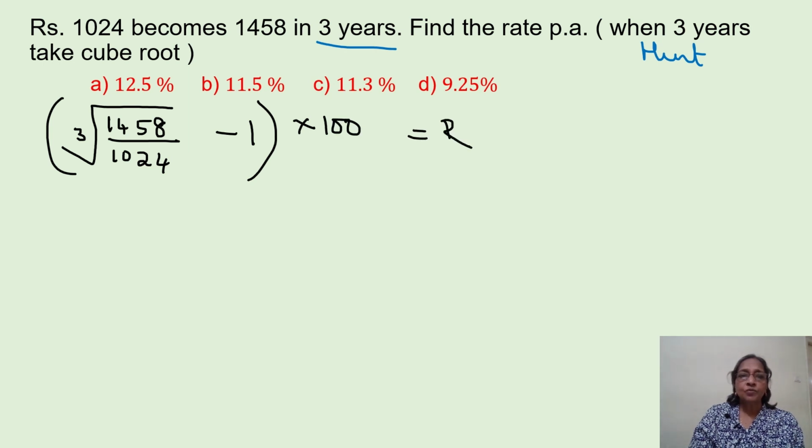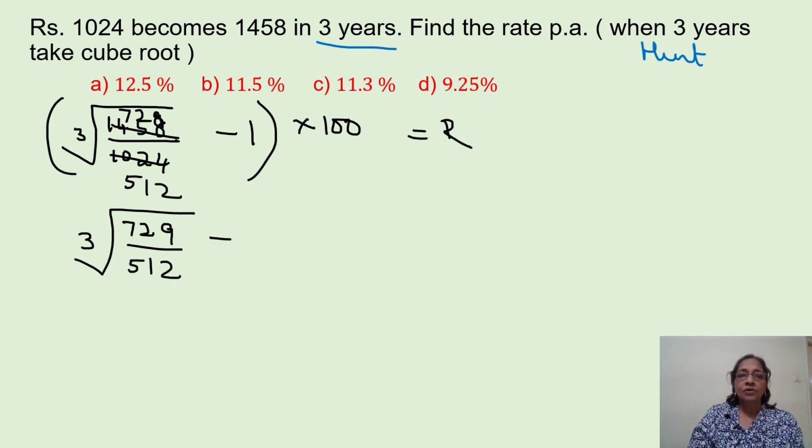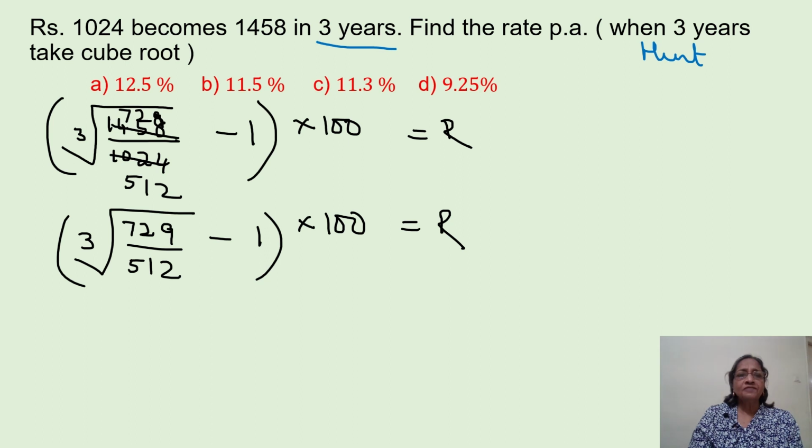Okay, so this will go to 512. So cube root of 729 upon 512 minus 1 into 100. So the cube root of 729 is 9. Cube root of 512 is 8, minus 1 into 100.